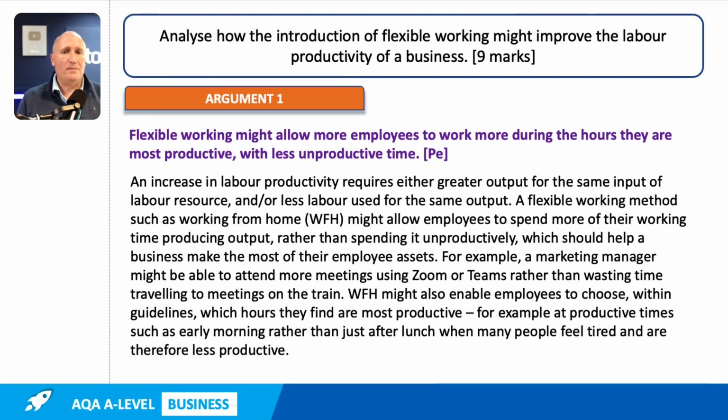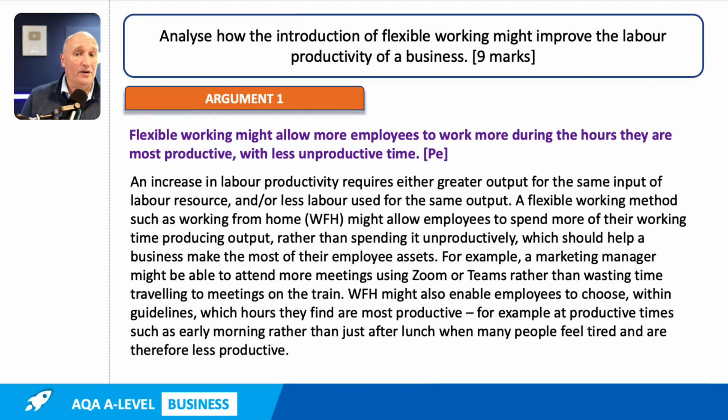So a flexible working method such as working from home, WFH, might allow employees to spend more of their working time producing output rather than spending it unproductively, which should help a business make the most of their employee assets. For example, a marketing manager might be able to attend more meetings using Zoom or Teams rather than wasting time travelling to meetings on the train.